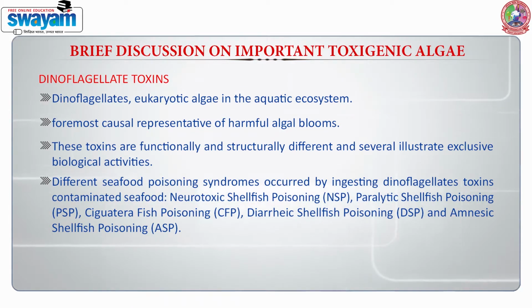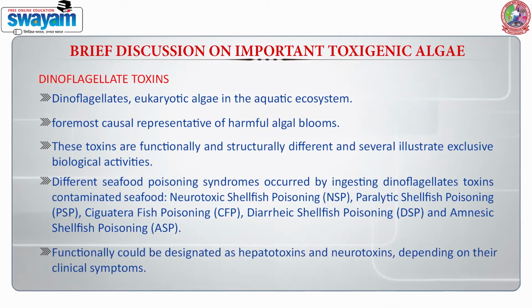Neurotoxic shellfish poisoning, abbreviated as NSP, paralytic shellfish poisoning PSP, ciguatera fish poisoning CFP, diarrhetic shellfish poisoning and amnesic shellfish poisoning are some of the examples. Functionally, these could be designated as hepatotoxins or neurotoxins, depending on their clinical symptoms.